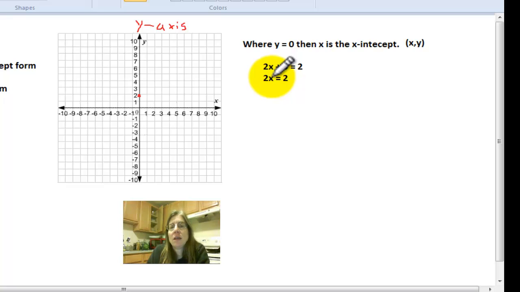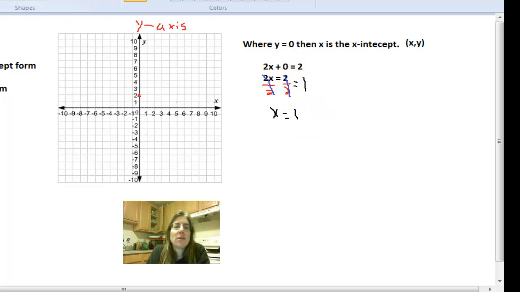So in order to isolate the x, you must do the opposite operation, and you divide by 2 on both sides of the equation. In this case, 2 over 2 is 1, so that cancels. X ends up equaling 1.